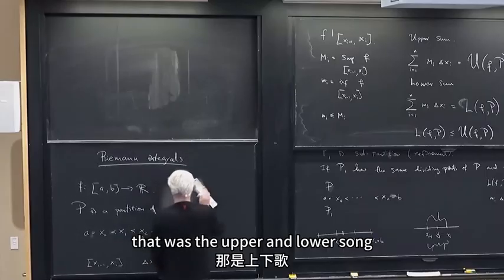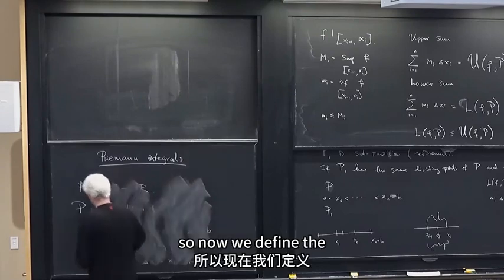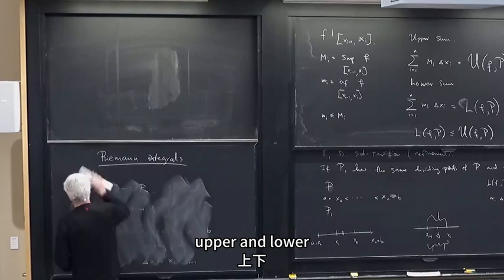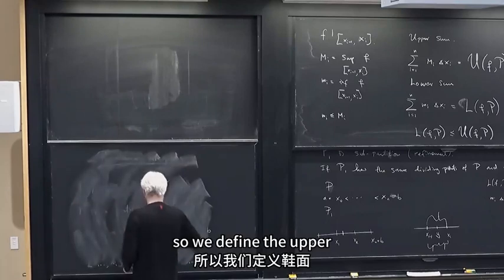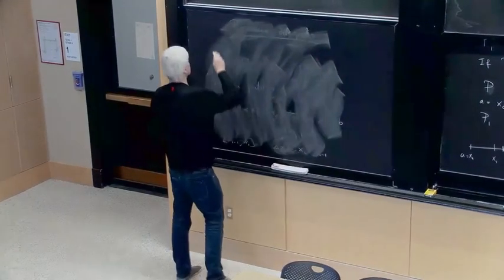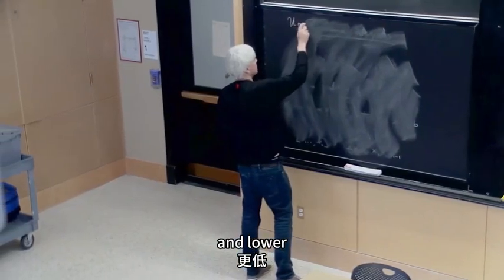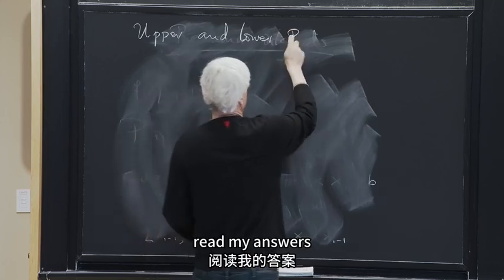So that was the upper and lower sums. Now we define the upper and lower Riemann integrals.